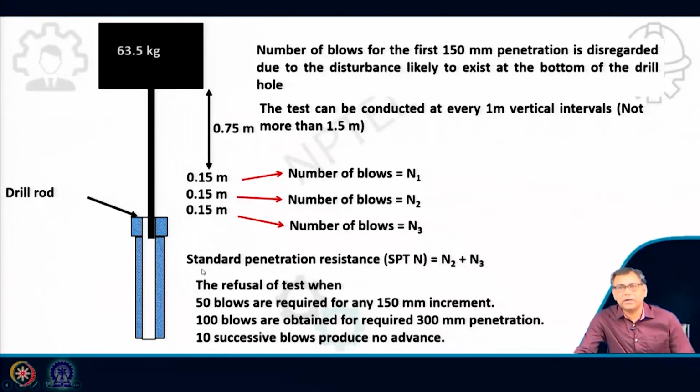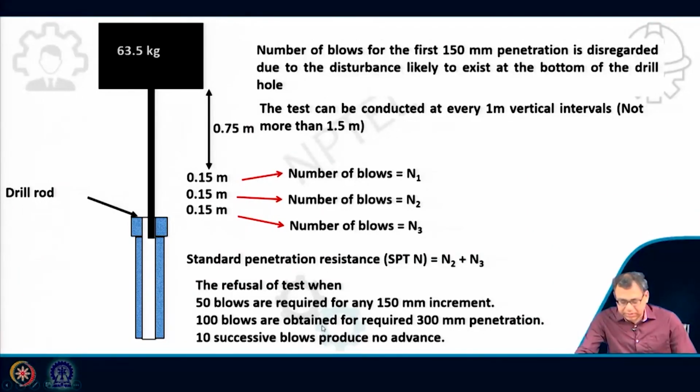And when do we stop the test, or when do we say that this is the refusal of the test? If we reach my desired level, then we will stop there. Otherwise, if 50 blows are required for any 150 millimeter increment, then we have to stop the test.